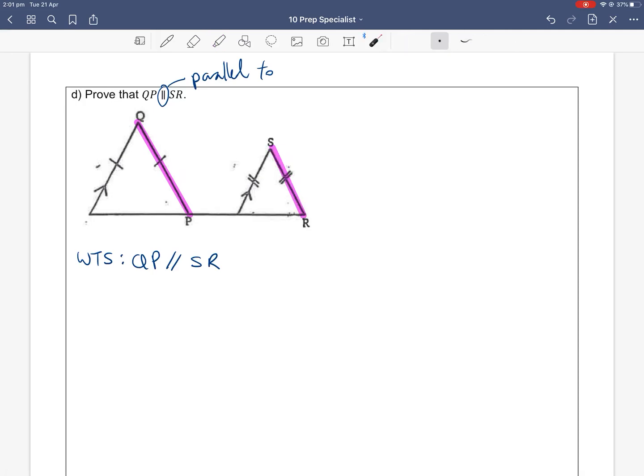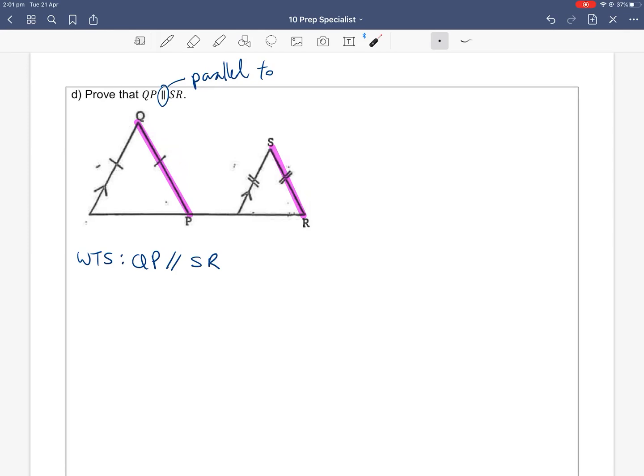So what else can we see in the diagram? So QP is part of a triangle and SR is part of another triangle. Now that gives us hope because we know the sum of angles in a triangle are 180 degrees. And in fact, if we know that they're isosceles triangles, then we know that the two bottom angles are the same.